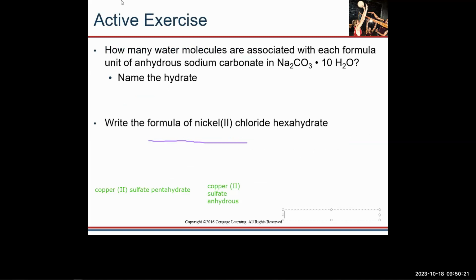Okay, so how many waters are associated with this sodium carbonate? 10. 10. So then how would I write the name?